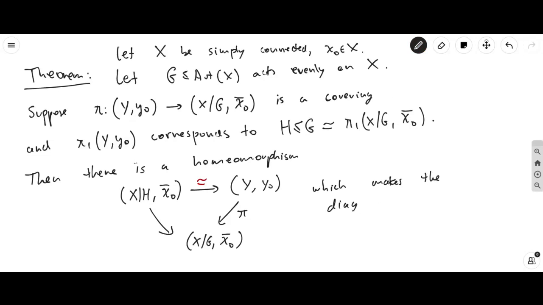So essentially what we're saying is that this covering is the same thing as this covering. Basically, it's just written in a different language, different notation, but it's the same thing. And so what you see from this theorem is all coverings of this base are determined by subgroups of this G. So that's really the main theorem that we want to get to.